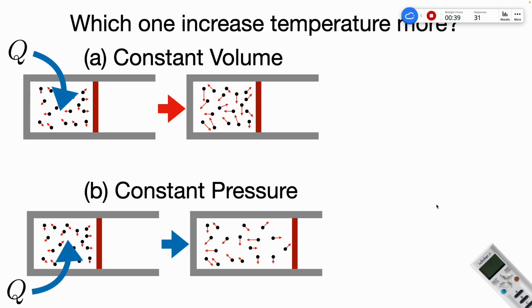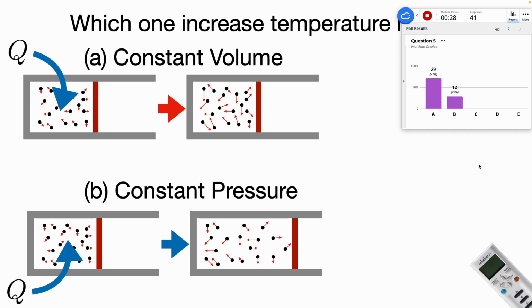We just spent a couple of slides talking about the work done by gas. Just like you need displacement to do work, for gas, you need a change of volume to do work. In this case, if a gas is expanding, work flows out of the gas, and that will decrease the energy.